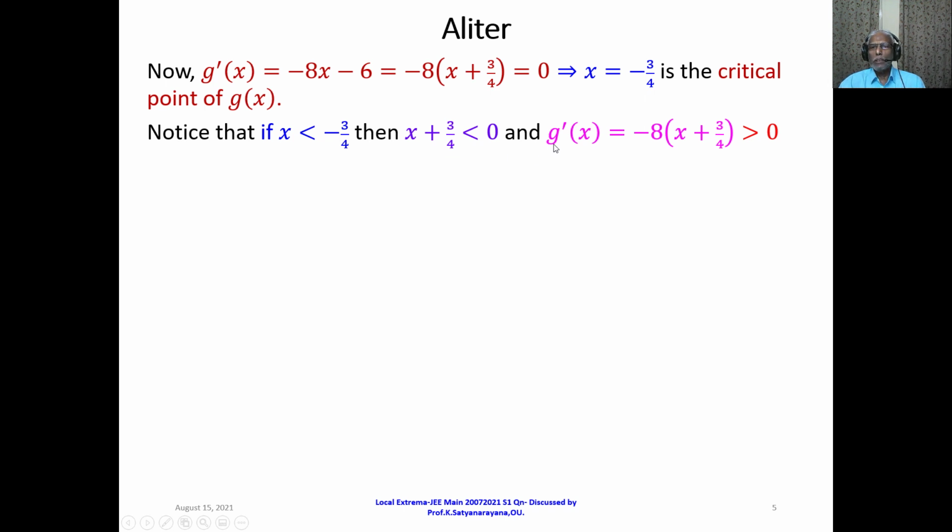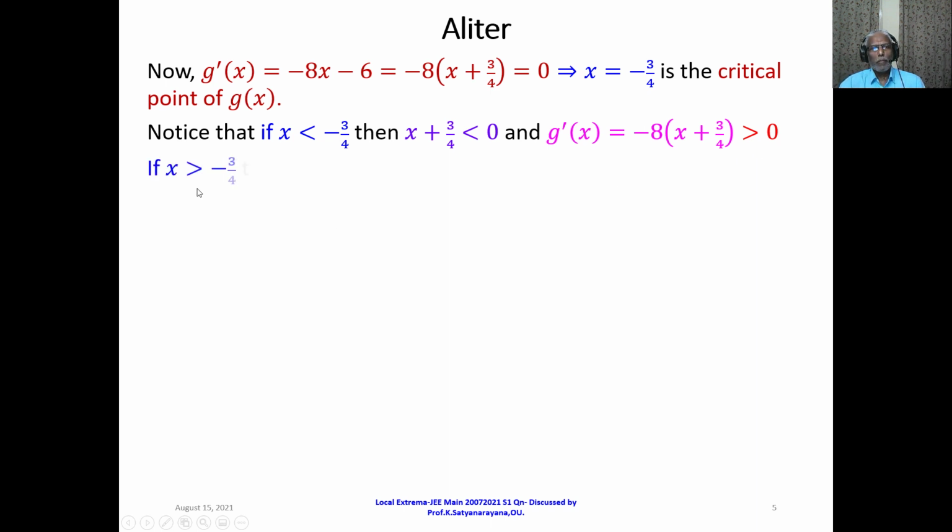Then g prime x is equal to minus 8 times x plus 3 by 4 is positive. Why? Minus 8 is negative, x plus 3 by 4 is negative, and negative into negative is positive. Therefore, g prime x is positive.